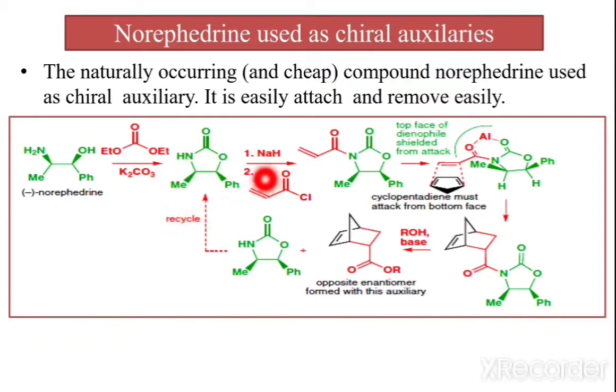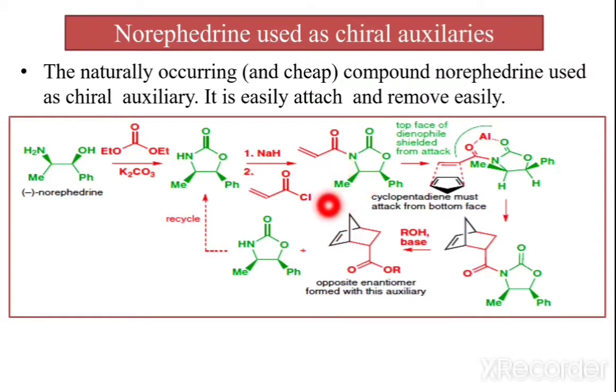Now on treatment with sodium hydride, the sodium hydride acts as a base and abstracts the more acidic proton from this direction. In the next step it attacks this, with departure of the chlorine, and we get one intermediate.